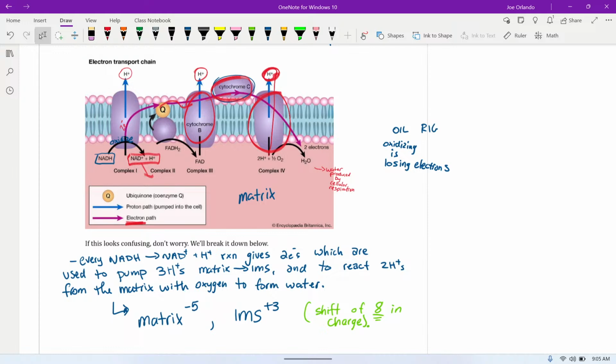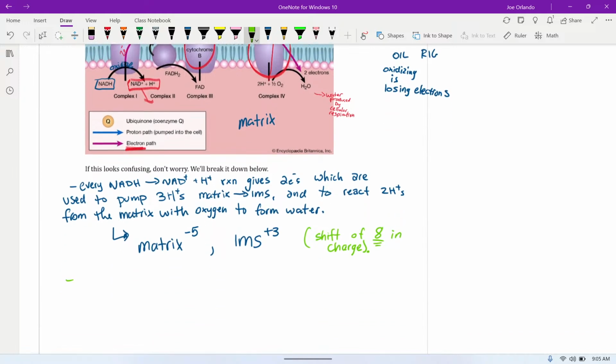Here, we take an NADH and we pump a bunch of H pluses from the matrix to the intermembrane space. And then, to top it off, we use up 2 more H pluses. What we have made here is the formation of what we call a chemiosmotic gradient.